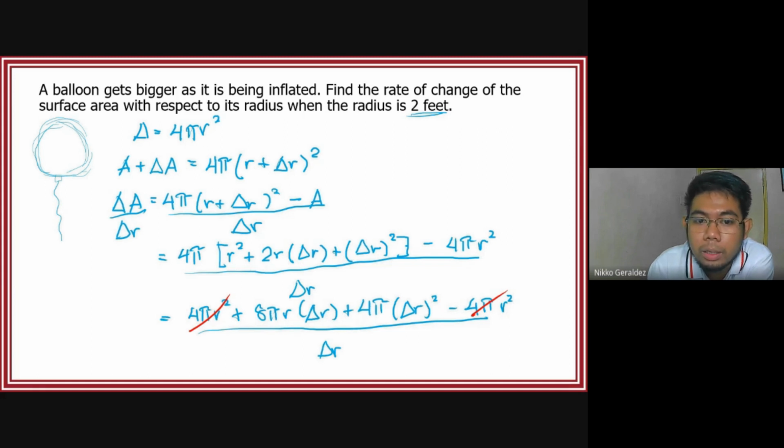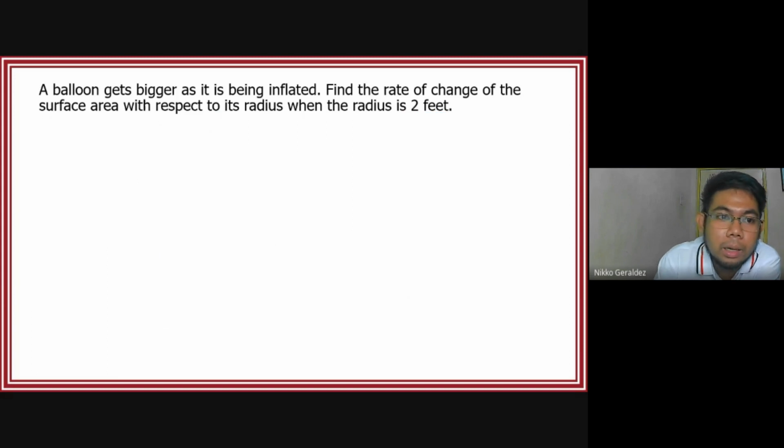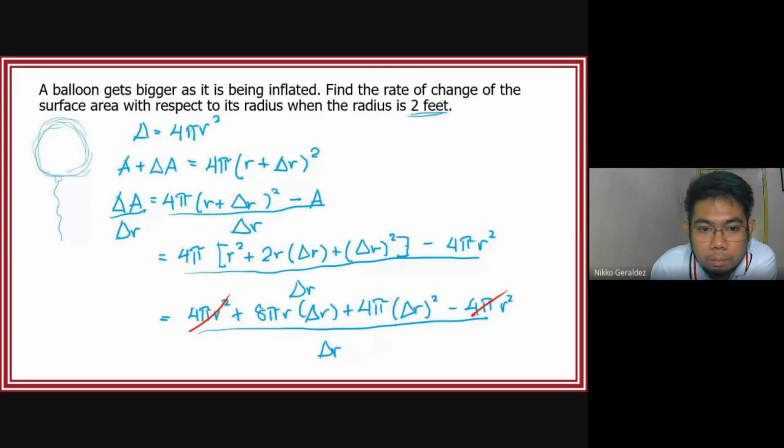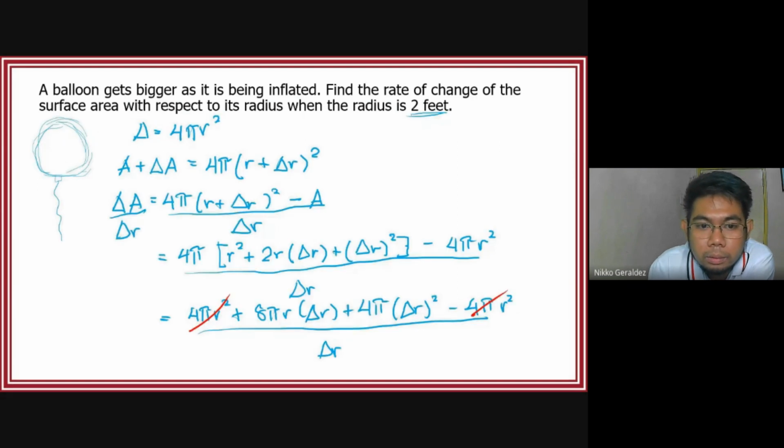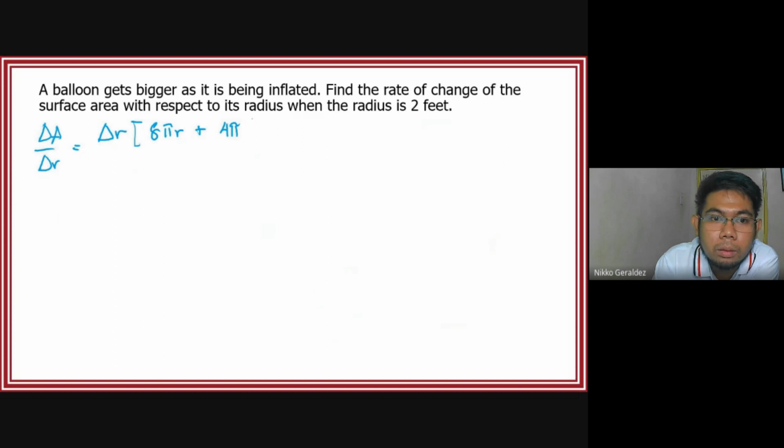So factor out delta r sa numerator. So we have delta A over delta r is equal to delta r times 8 pi r plus 4 pi delta r over delta r. So cancel. Then limits of the right side.